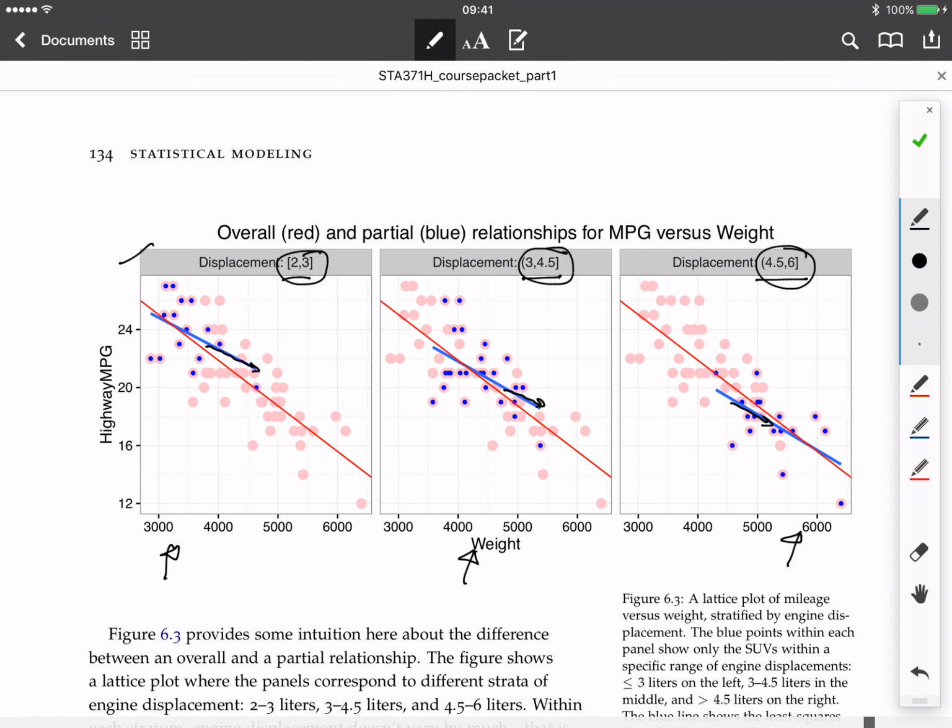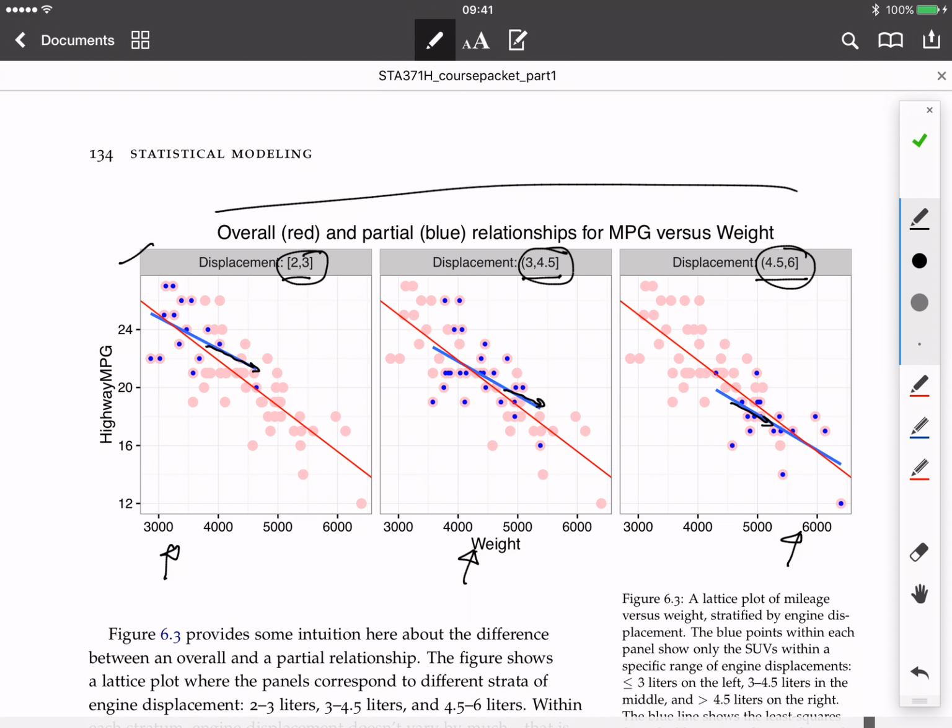And as a result, once we hold engine size constant, we end up with a different estimate of the relationship between weight and highway miles per gallon. So, this is a subtle issue. The idea that multiple regression modeling is implicitly adjusting or holding other variables constant, estimating a partial slope or a partial relationship, is not easy to understand at first blush. I claim that this picture right here is giving you some idea of what's going on.